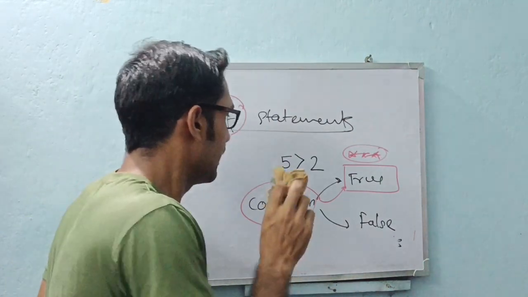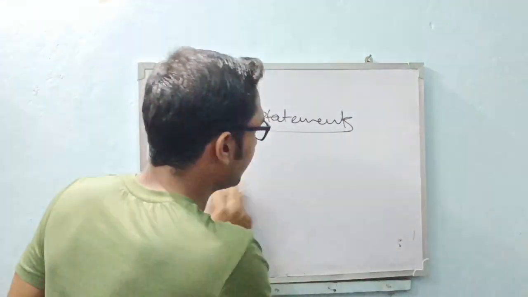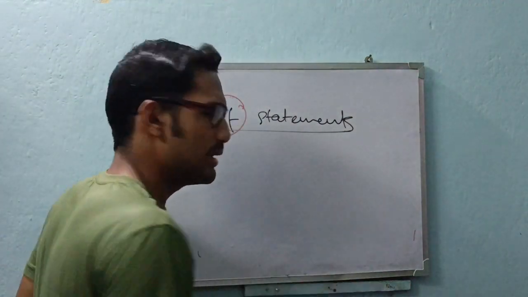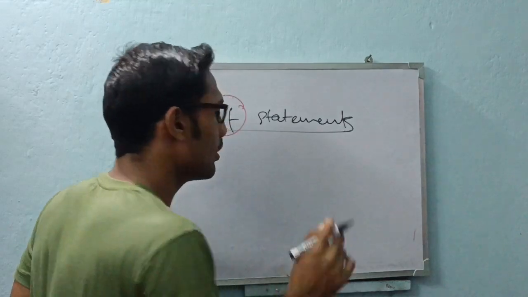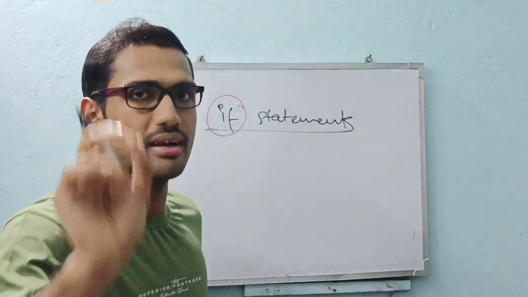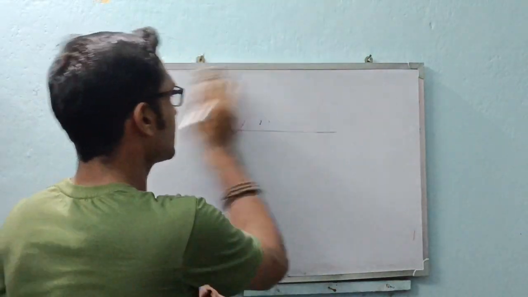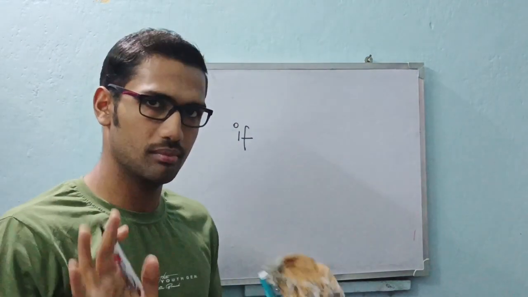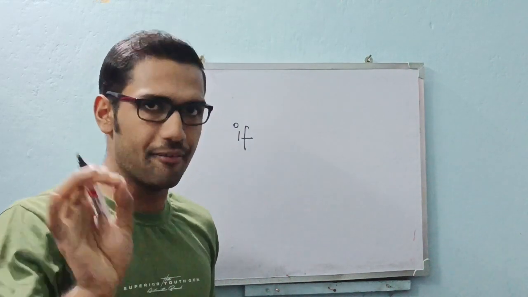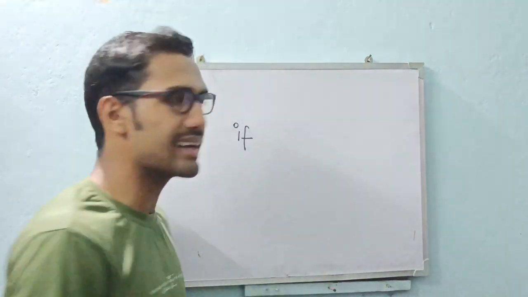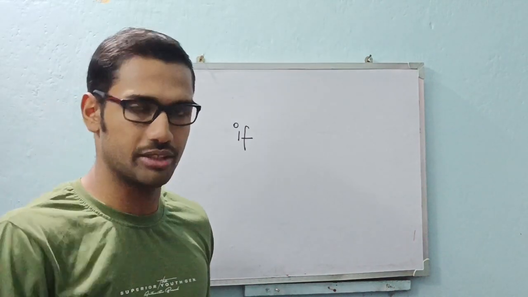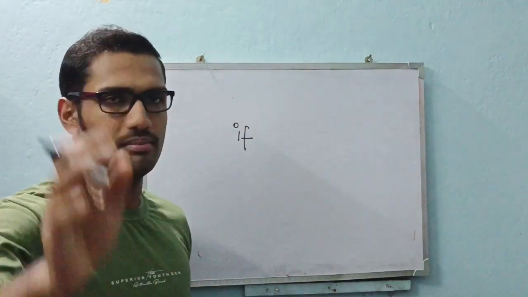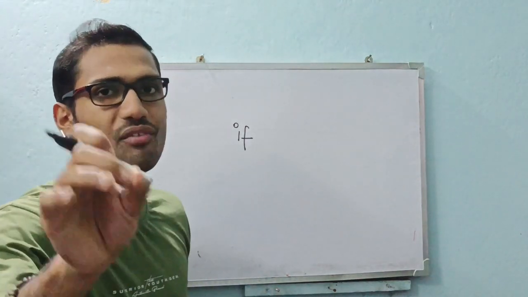Now, let's see how to write this if conditional statement. It's very easy. First you need to use the keyword if. After writing if, you need to write a condition, a valid condition. So suppose, let's take that particular condition 5 greater than 2.